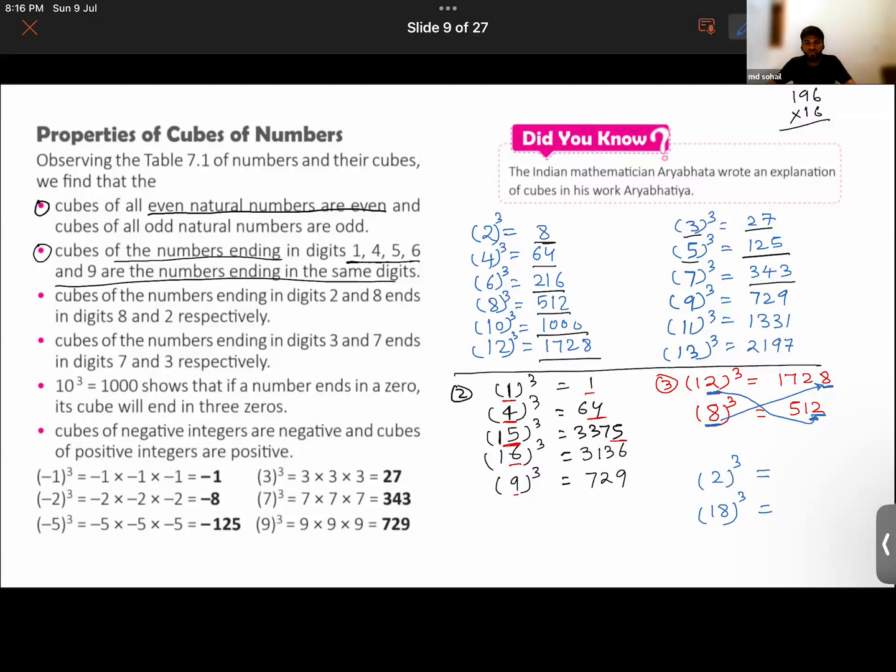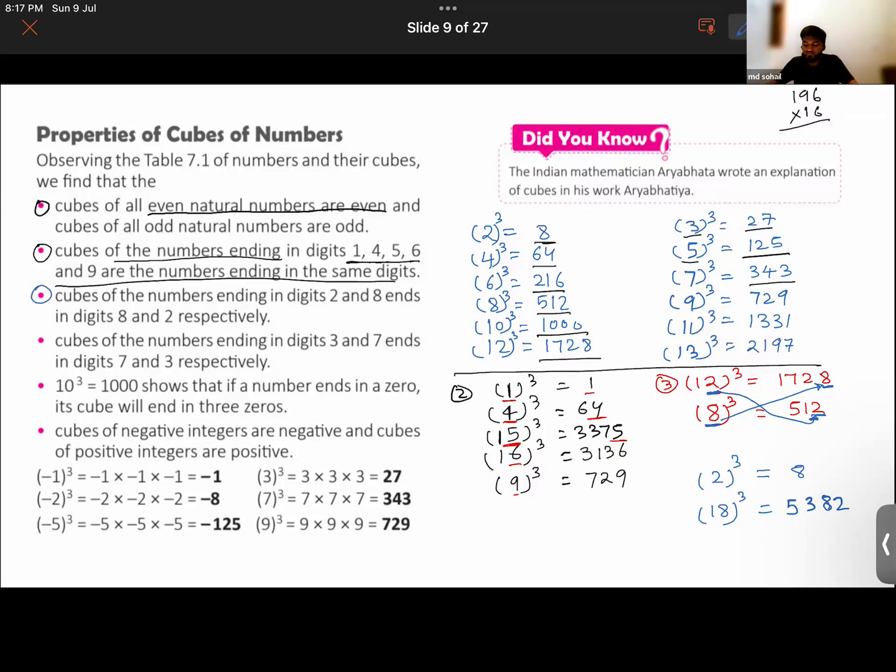Yes, sir. 5832 for 18 cubed, and 8 for 2 cubed. What is the cube of 18? 5832, sir. Right. So that is correct for other numbers as well. So that is property number 3. You got this one, no?